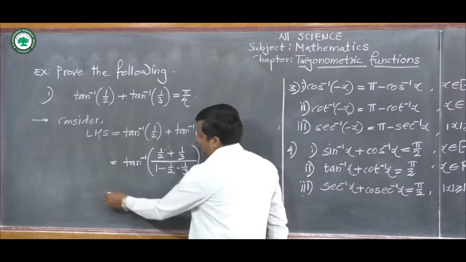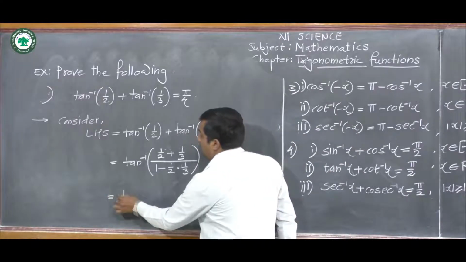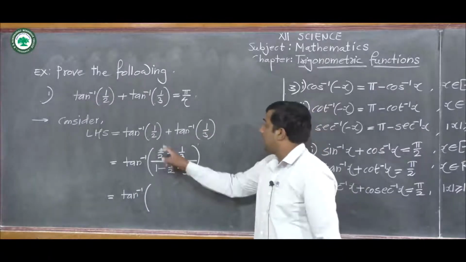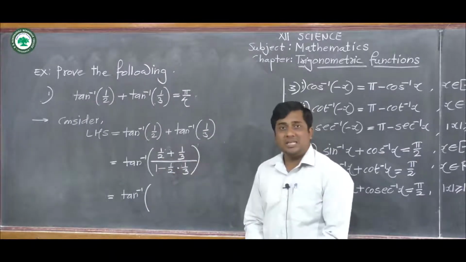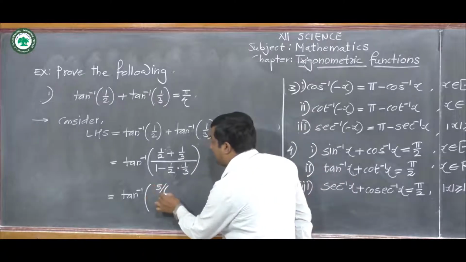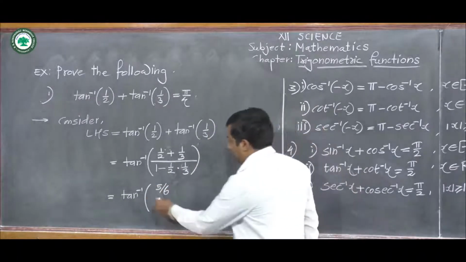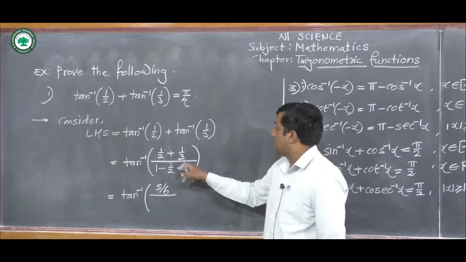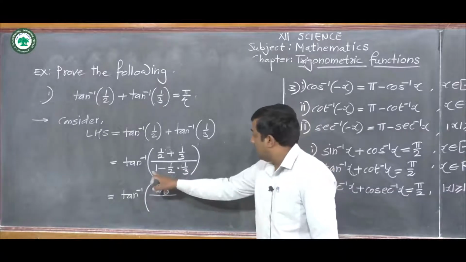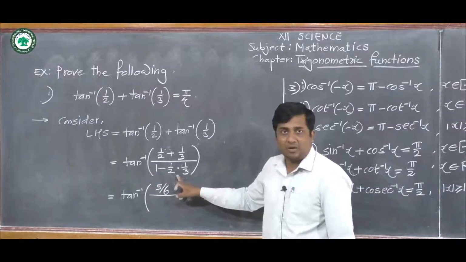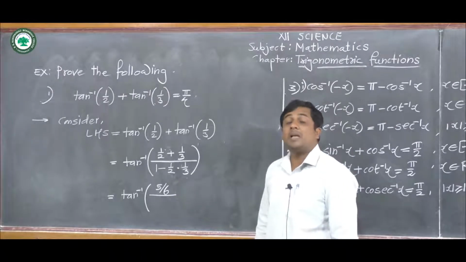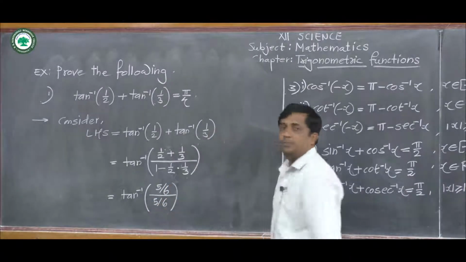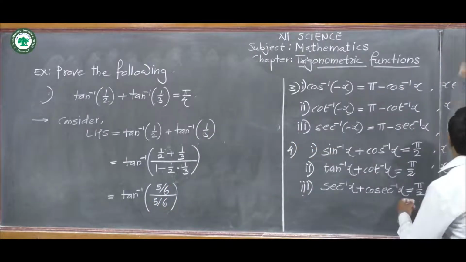Now this is equal to tan inverse of, in the numerator, 1 upon 2 plus 1 upon 3, which is 5 upon 6. Then in the denominator, 1 minus 1 upon 2 into 1 upon 3. We know 1 minus 1 upon 6 is again 5 upon 6.